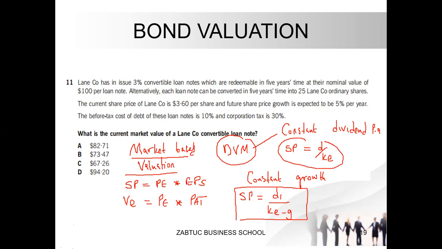Where do these values come from? Let's talk about these values. Where do you get this from? Industry average or a proxy company. What of this one? Where does it come from?